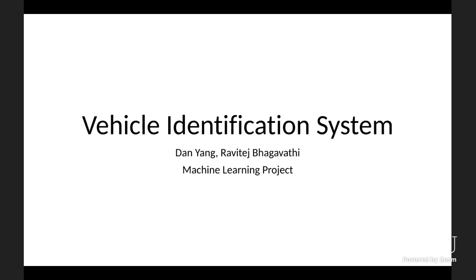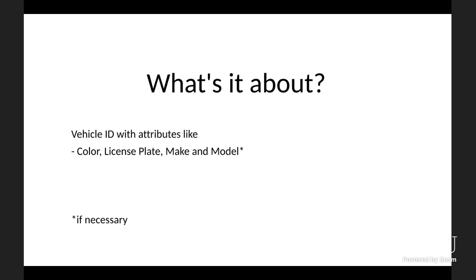The title is a bit ambitious. It says vehicle identification system because the initial idea was just to do the car, but we thought since it's a final project, if we are successful with cars, we'll extend it to other vehicles as well. So the title is kind of tentative. And so what's it about? We'll ID the vehicle with 4 attributes: color, license plate, make and model.